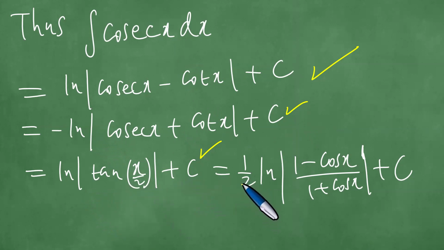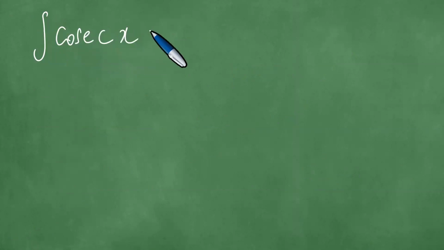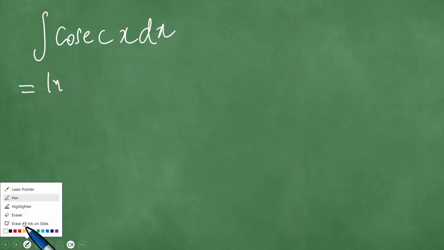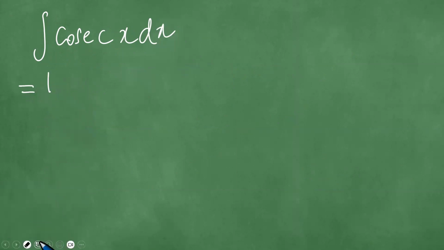Or the integral of the cosecant is 1/2 of the natural log of this up here. So in other words, we cannot get tired of writing like this. The integral of the cosecant, one of the most popular results is the first one with the minus.